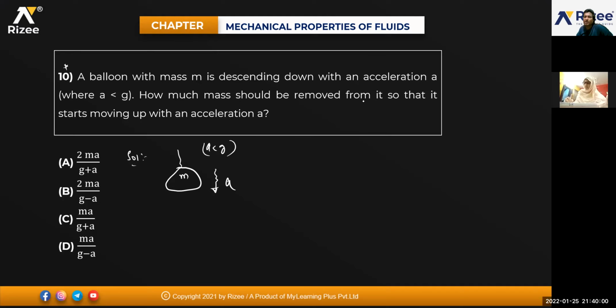How much mass should be removed from it so that it will start moving up? This I'll take as capital M because I'm taking the original mass right now. So I'll remove this one. The original mass, he has given small m only. Again, I'll be removing capital M. Okay, it will be important.